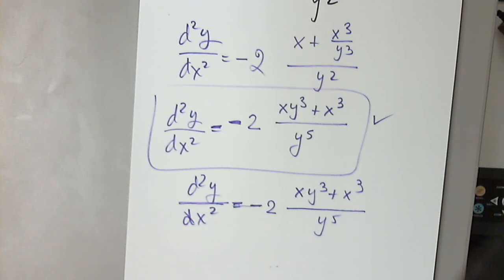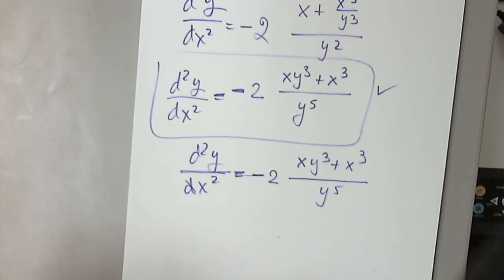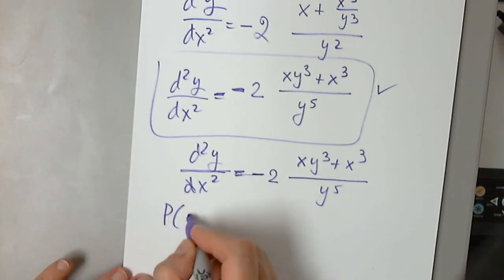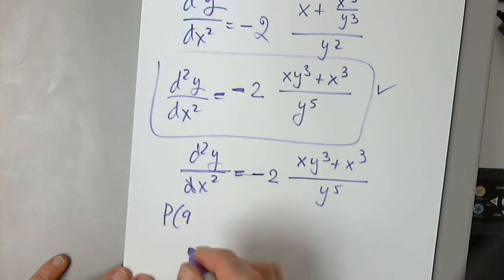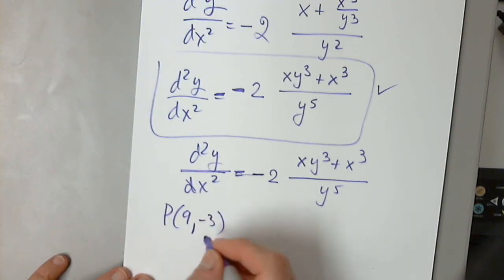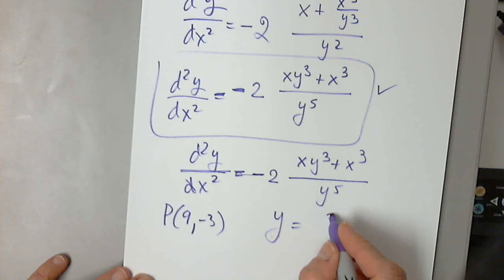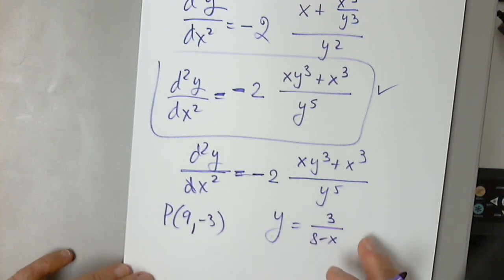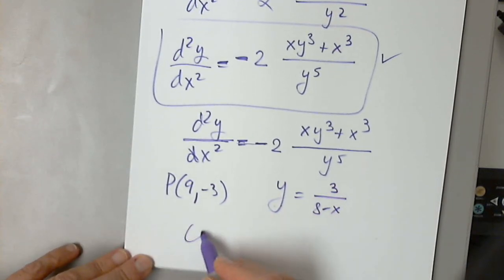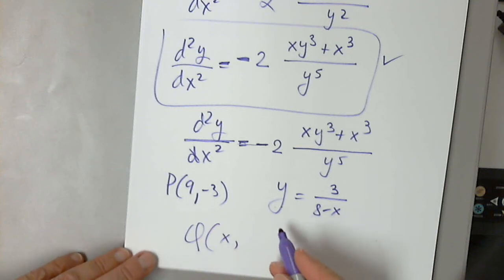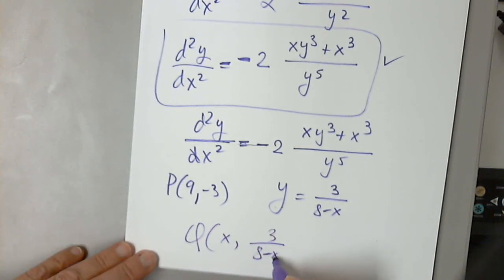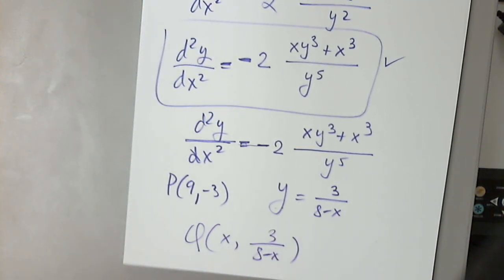Okay. So in this one, we are given a point P, 9 comma negative 3, and we are given the function, which is 3 over 8 minus x. And of course, the point Q will be x comma 3 over 8 minus x. Okay, I copied it. And they want us to determine the slope of the secant line PQ.